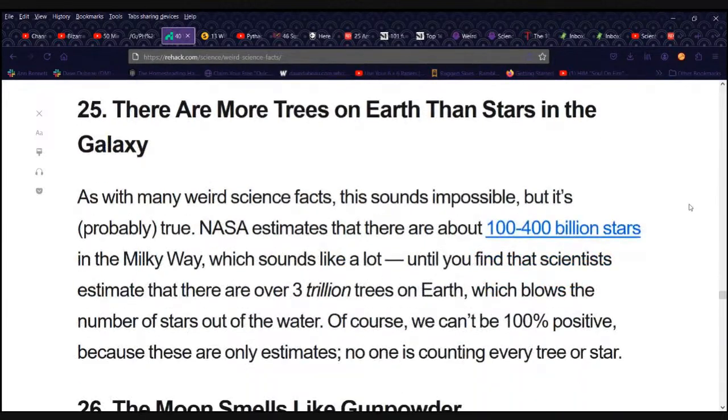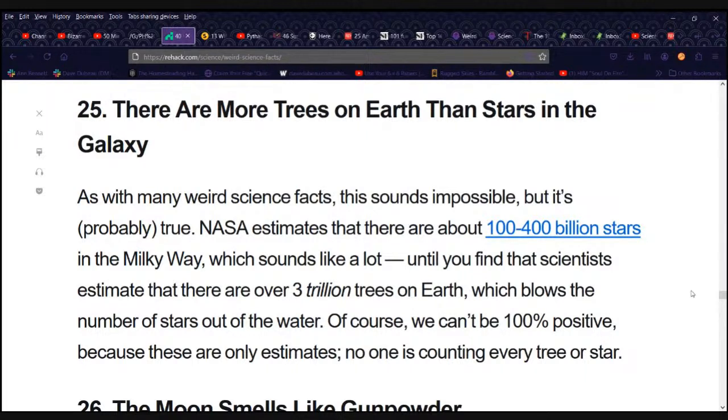Now this one blew me away. More trees on Earth than stars in the galaxy? How so? Well, apparently we've estimated that there are, I used to hear 100, but now they're saying 400 billion stars in the Milky Way, because they keep finding small stars that they couldn't see before, so that's changed the upper bound. Ah, okay, I see.